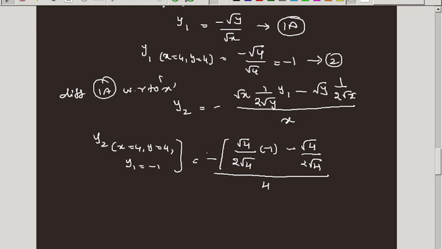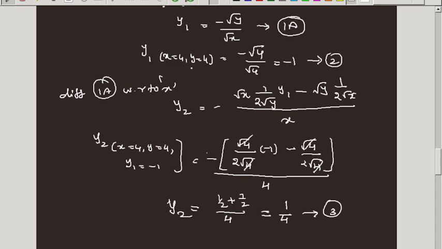So here we can cancel root 4. So here minus 1 by 2, minus 1 by 2 is there. So here if we multiply we get 1 by 2 plus 1 by 2 dividing by 4. So here 1 by 2 plus 1 by 2 is nothing but 1 dividing by 4 is nothing but y2. So we consider this as equation number 3.